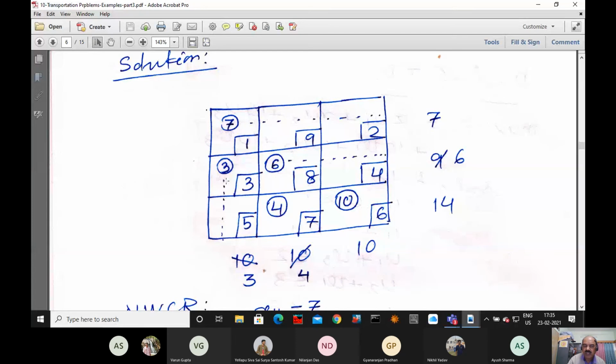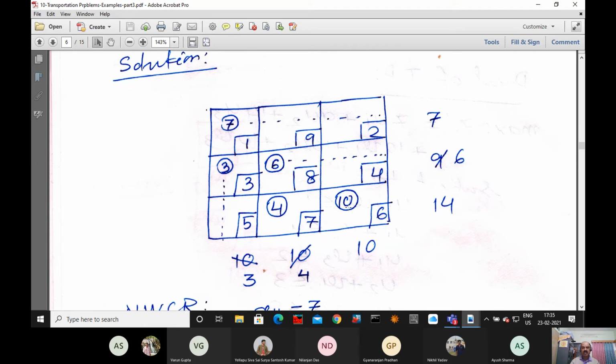Then in the second row, x21 equal to 3, x22 equal to 6, x23 equal to 0. In the third row, x31 equal to 0, x32 equal to 4, x33 equal to 10. Okay, now once you have allocated, we'll see whether the present solution is optimal or not.